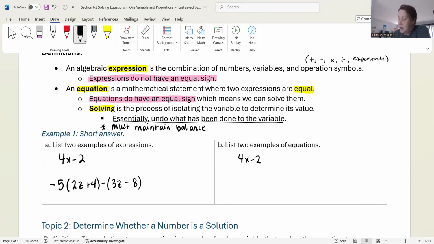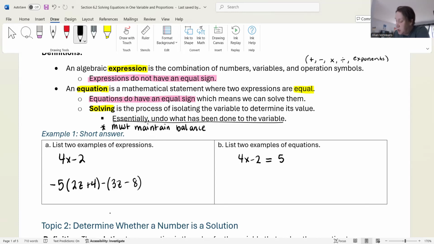But if I tack on an equals and any other expression, or even just a constant, then it becomes an equation. Let's say we set this equal to 5. Now it's an equation. Notice on the left for part A, we just have 4x minus 2, but for part B, we have 4x minus 2 equals 5. That equals 5 makes it an equation.